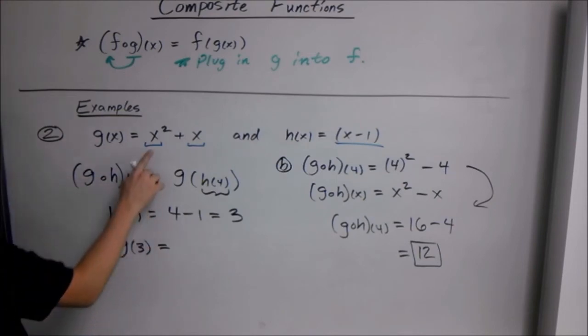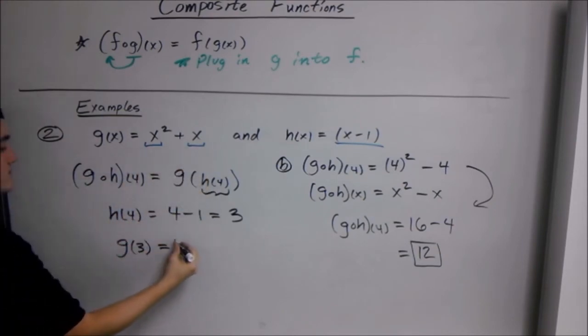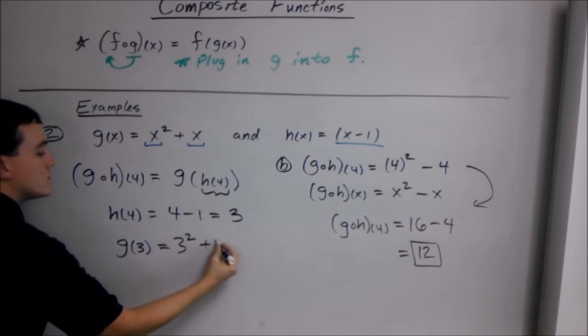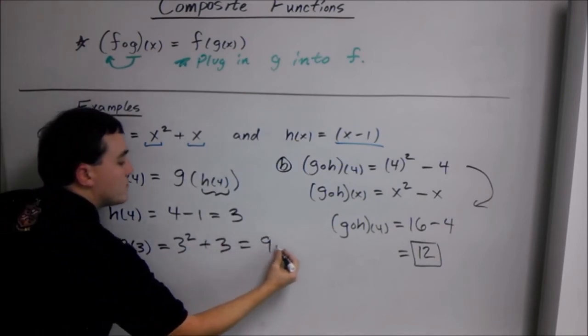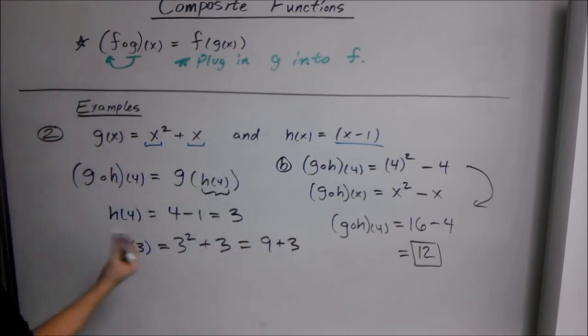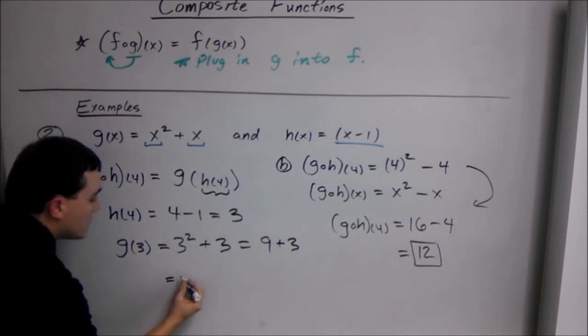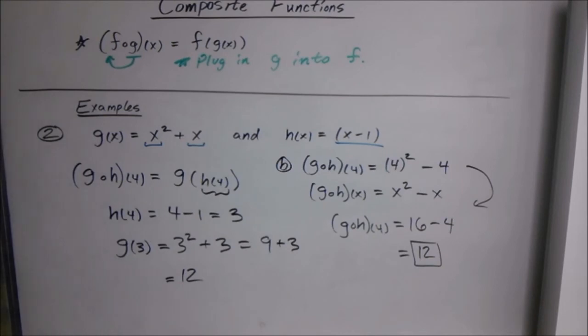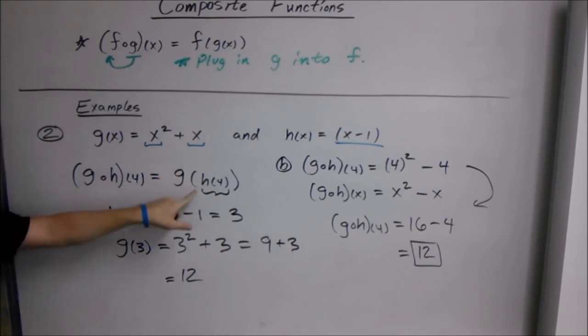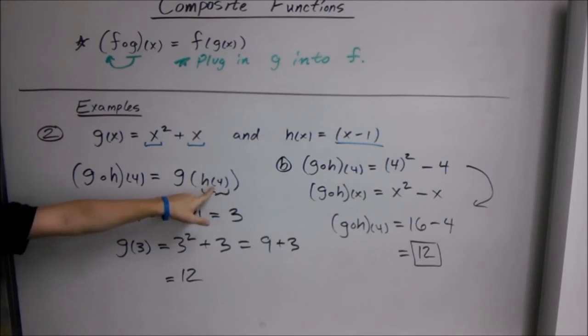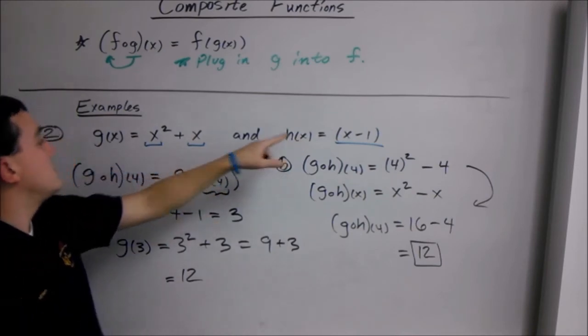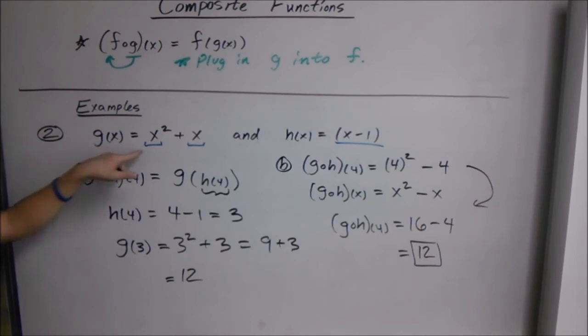So we have 3 squared plus 3, which is 9 plus 3, which gives us 12. So another way of saying g of h of 4 is plugging 4 into the h of x, then you plug that into the g of x, and that will give you g of h of 4.